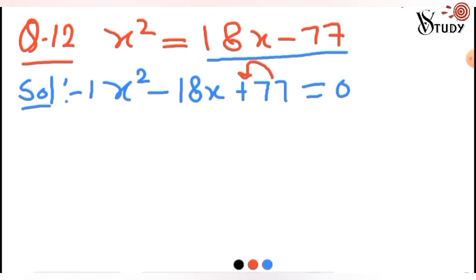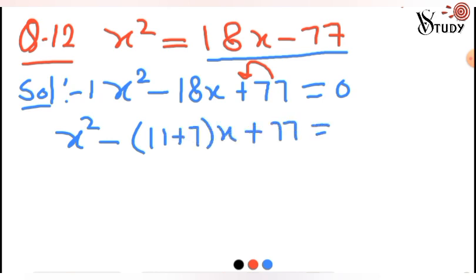Now solve the problem. So x square, negative, we write 11 plus 7 multiplied by x plus 77 equal to 0. Here in this bracket both the numbers are positive.